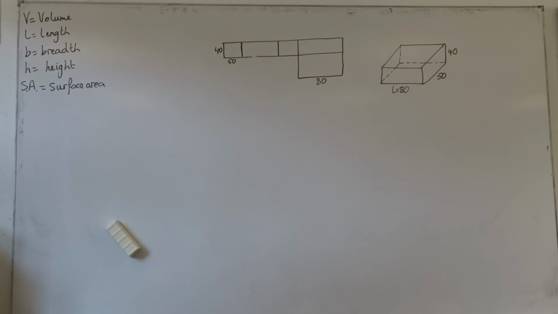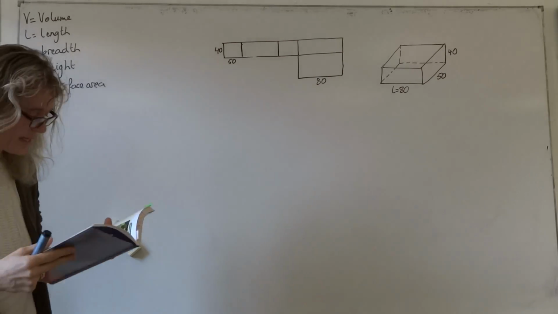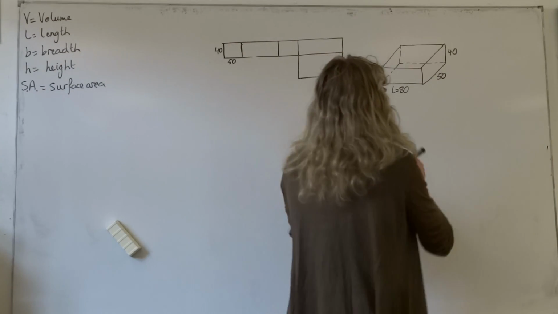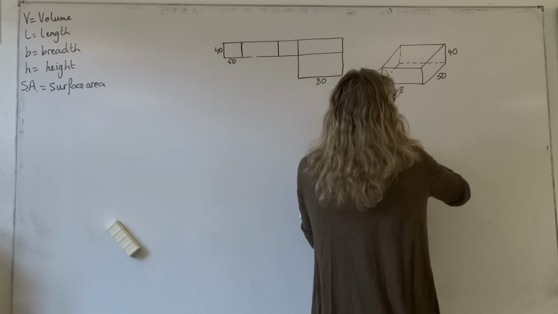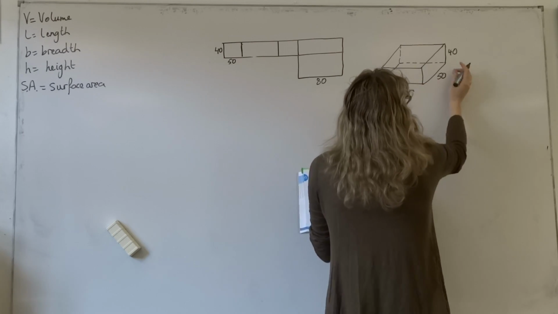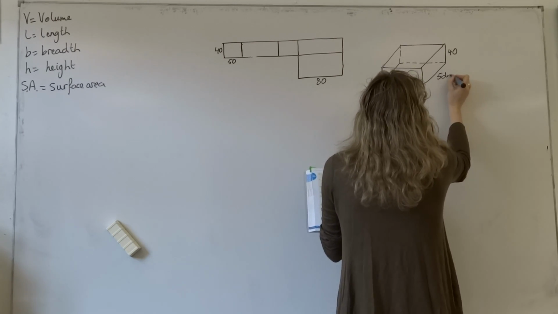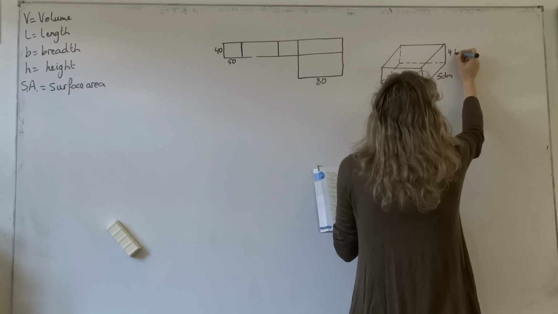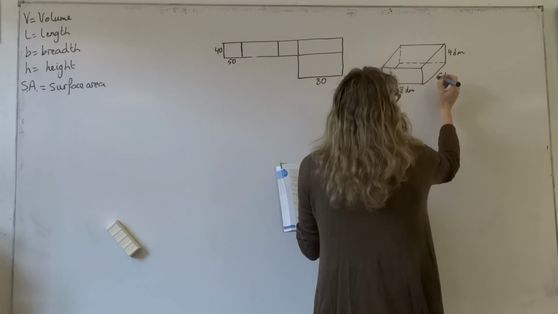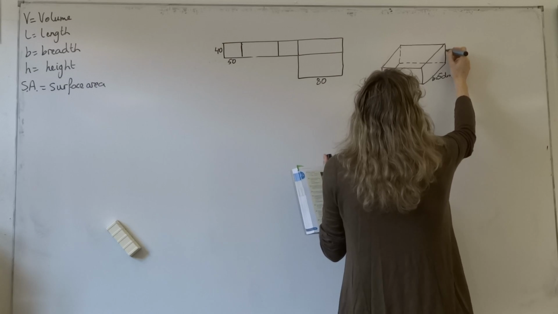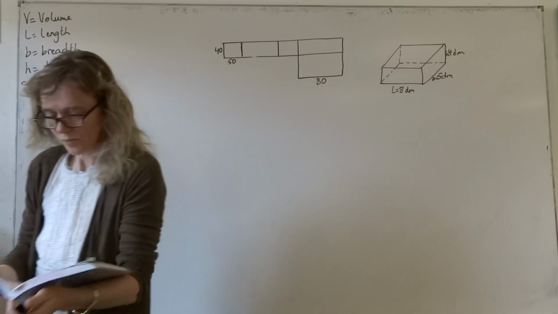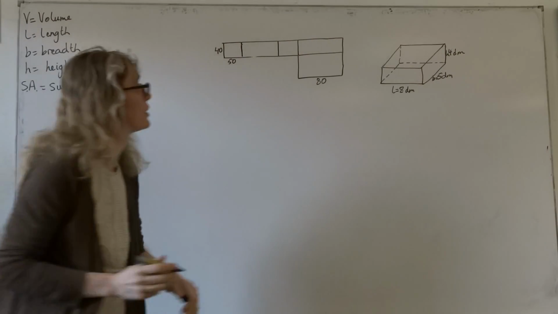So let's change it again into decimeters. So if we say that the length is 8 decimeters, the breadth is 5 decimeters, and the height is 4 decimeters. Right.